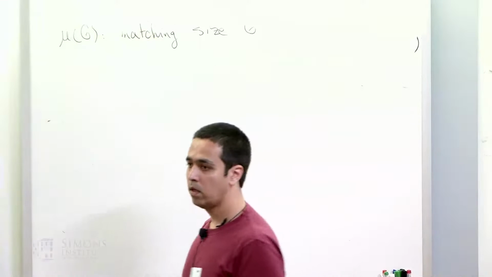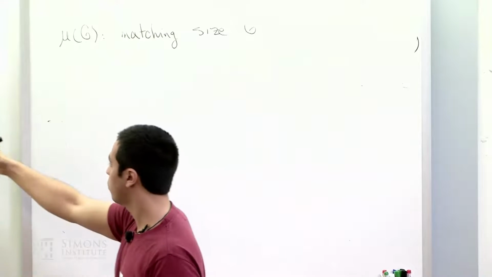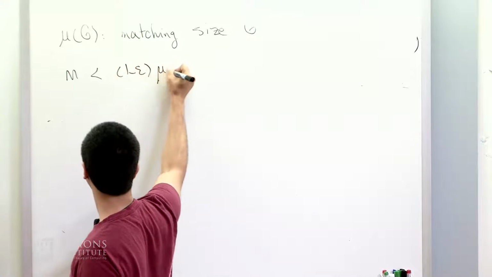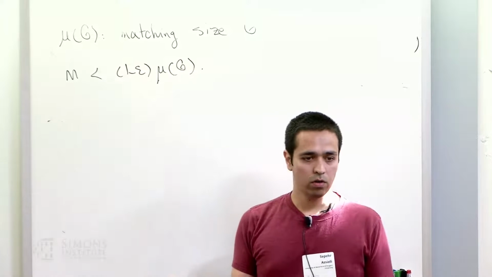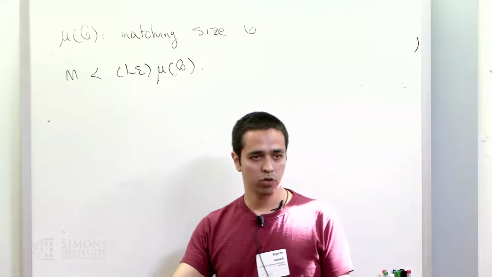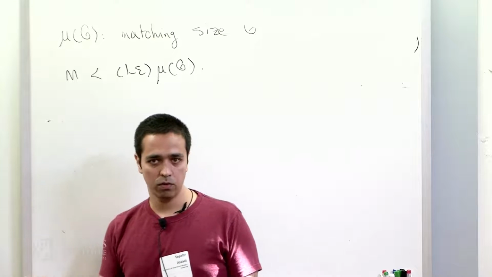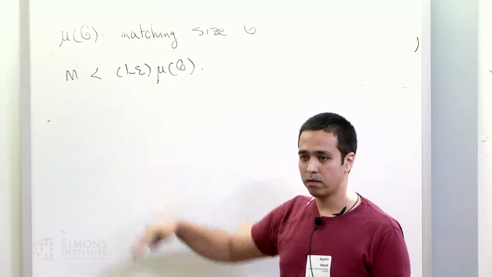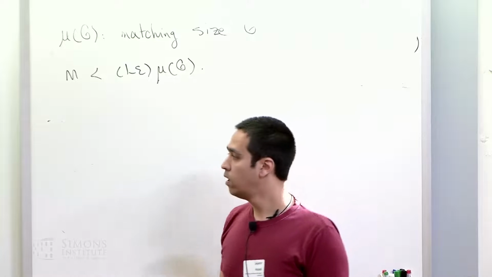Okay. Suppose my algorithm is not doing something good, so it means that M is always less than 1 minus epsilon times mu G. If M ever becomes large, I'm done. No, one of the matchings I found is a large matching, and at the end you just return the largest matching you found. That's what you do in the algorithm. So M has always been small. If M is always small, what do I know?